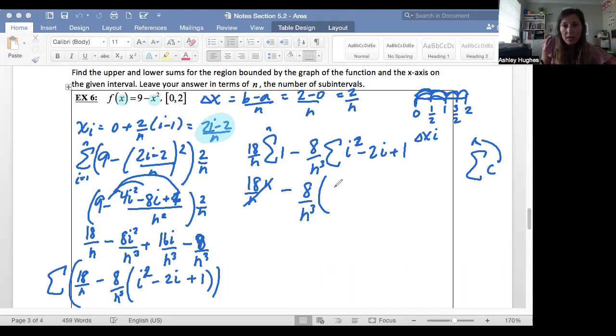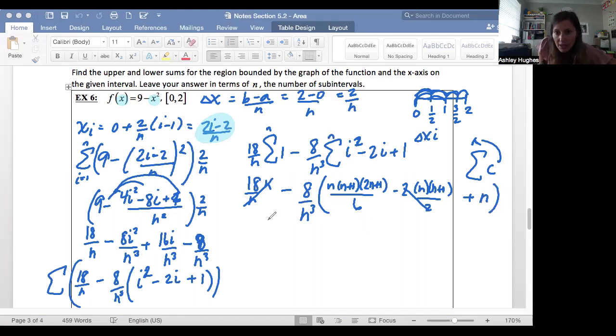So i squared, the formula is n times n plus 1 times 2n plus 1 over 6, minus 2 times the sum of i, which is n times n plus 1 over 2. So those 2's will cancel. And then plus, we're summing up 1. Again, you're summing up c n times, it's just 1 times the n, which I don't have my n written here, but that would be n.